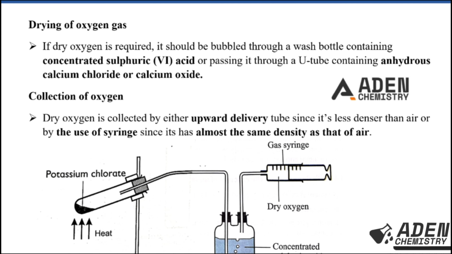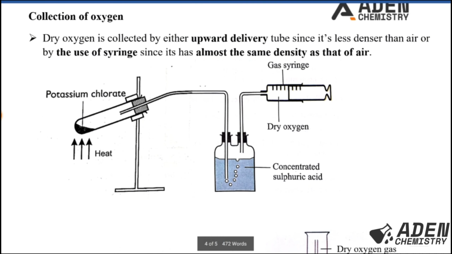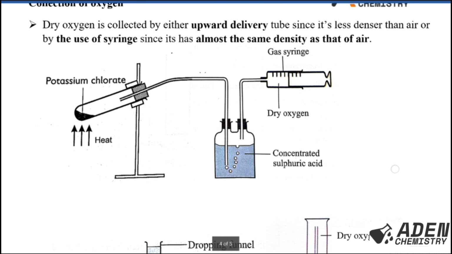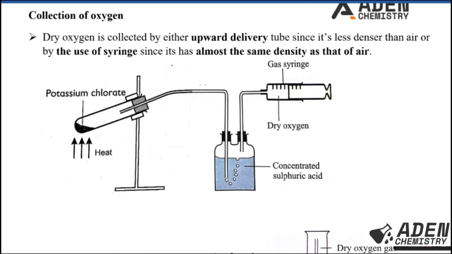So let's see the setups that show how oxygen is dried and collected. In this method, we're having potassium chlorate 5. When it is heated, we are going to get oxygen gas. The oxygen gas is dried using concentrated sulfuric acid in a wash bottle, which is a drying agent, and the dry oxygen is collected by the use of a gas syringe.